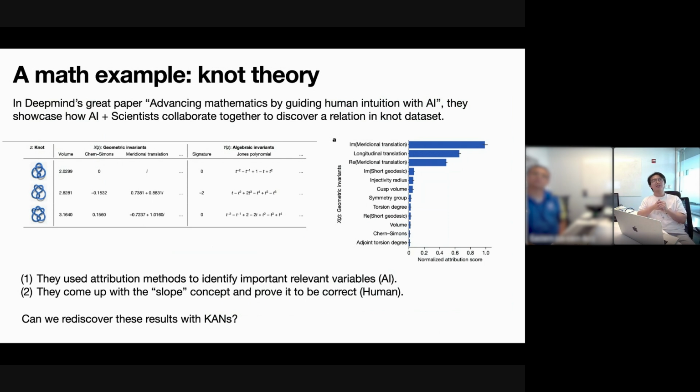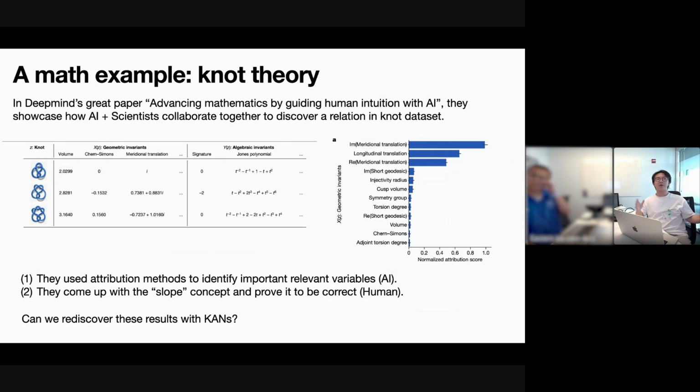What DeepMind did was select one variable called the signature, treat it as the output, and put all other 17 variables as the input. They treat the problem as supervised learning, taking in the 17 variables and wanting to predict the 18th, the signature variable. That's how they set up the problem.